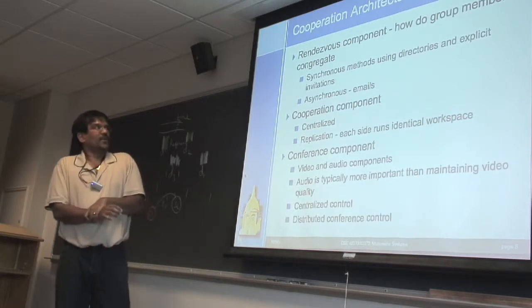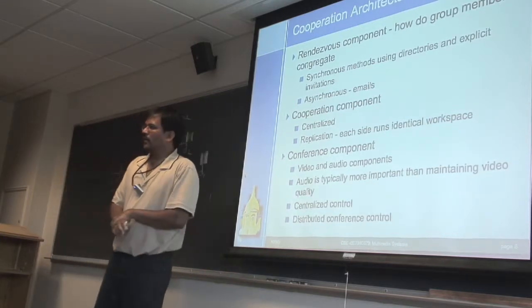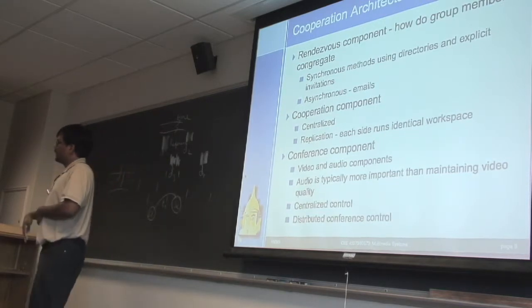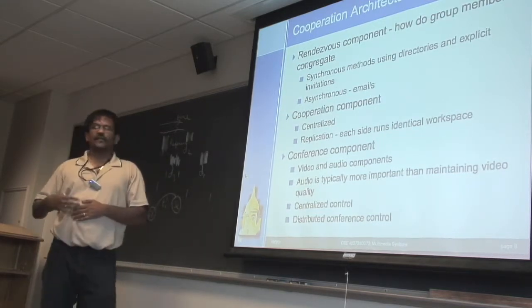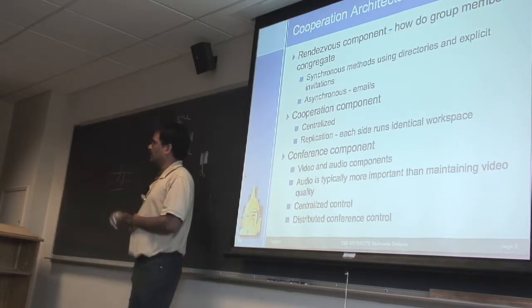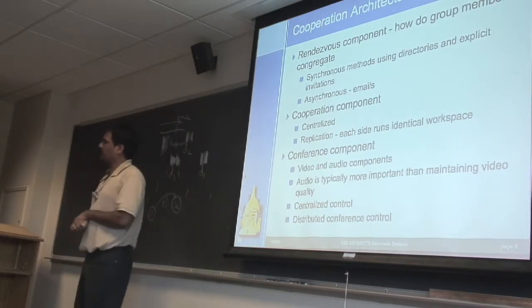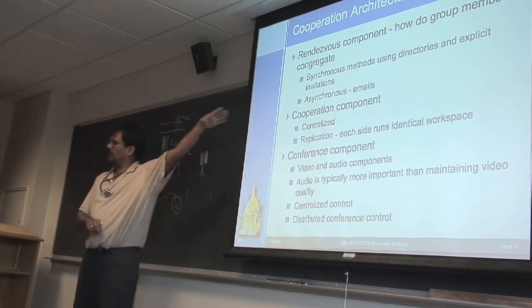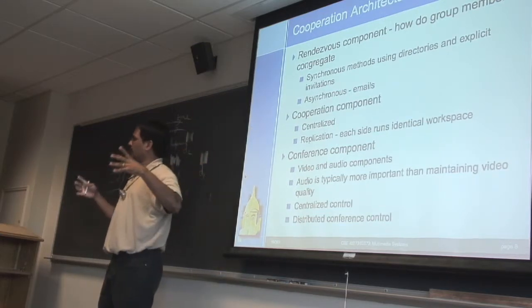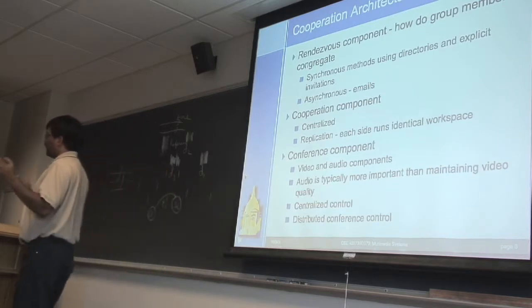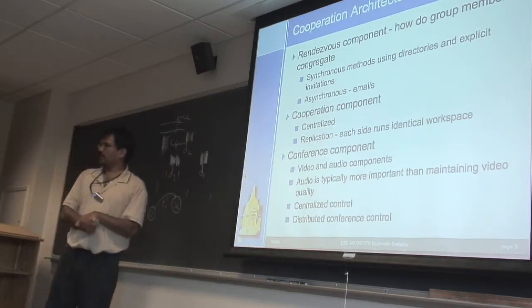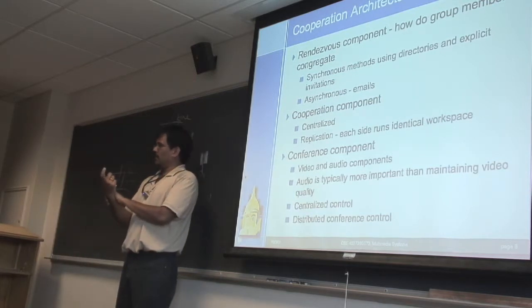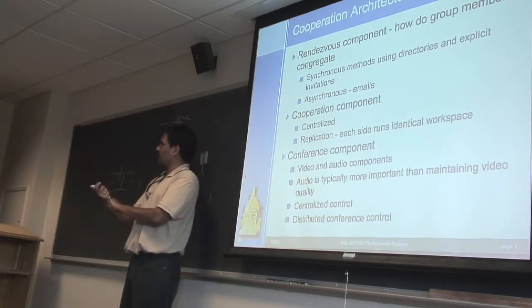So you can keep a directory where you keep listing all the conversations that are going on. You can send explicit messages. You can send explicit emails so people can join together. So the first problem is to figure out how people can join into these systems. It's a lot simpler when you have, like, a chat with one person.